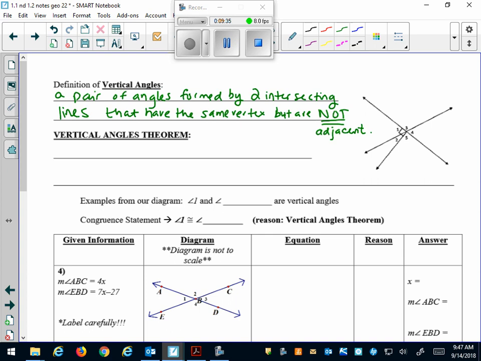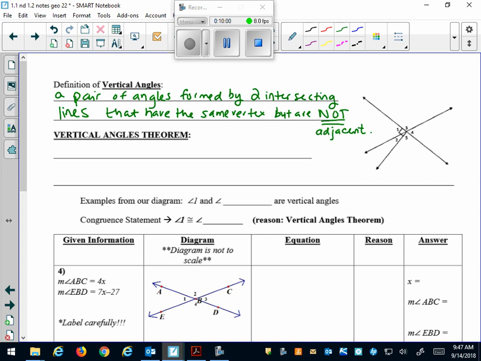They have the same vertex, but they split off into the opposite directions. And again, the definition sort of describes what it looks like, how to recognize them in a diagram. And the theorem is going to give a special property that is always true about that type of angle.